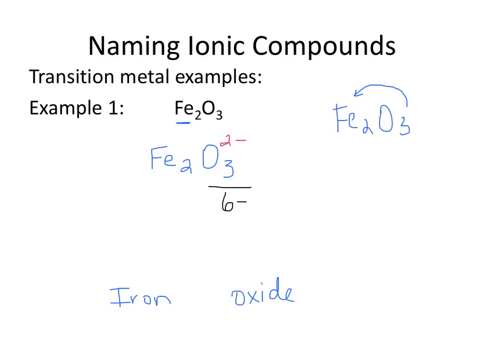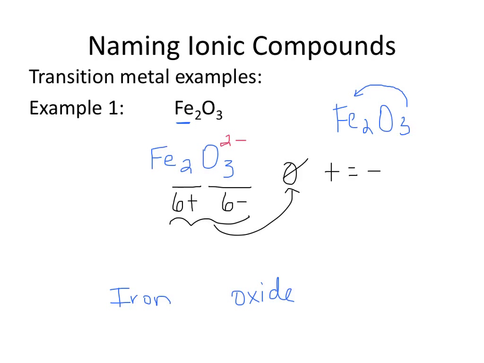Well, for these two to be an actual compound, the charge has to be 0. That means the positives have to equal the negatives for that to work. That tells me on this side, I need this to be 6 plus because those two are going to balance to that 0 charge.